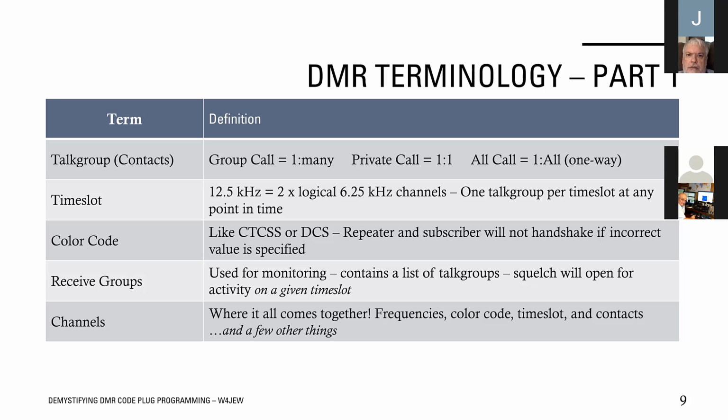They will confuse the heck out of you, because what will happen is you will be talking on a talk group like Georgia statewide, and then you may hear activity on Atlanta Metro. One thing you'll notice when you're on DMR is somebody will say, hey, W4JEW monitoring Georgia statewide. Why am I saying what talk group I'm on? Because I know that there's a good chance somebody has a radio with a receive group configured in it, and they may hear my activity if they're on a channel that's for a completely different talk group.